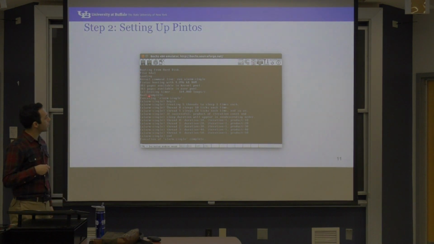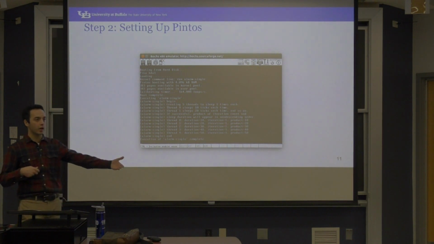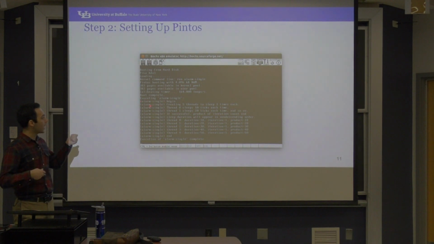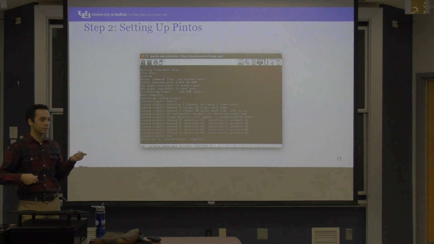When the boot is complete, you see the message here, which means the kernel is booted. And then executing alarm-single: this is what you have passed to the kernel as an argument, right? So the kernel starts running this test within itself, and it gives you the output of the test, and at the end it says execution of alarm-single complete.